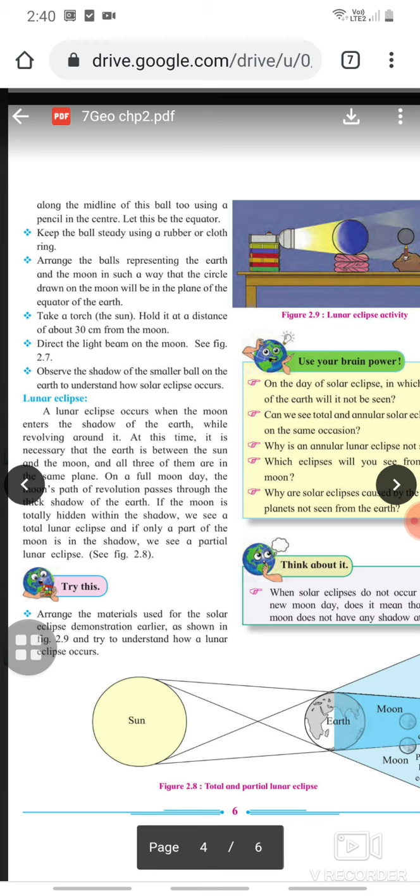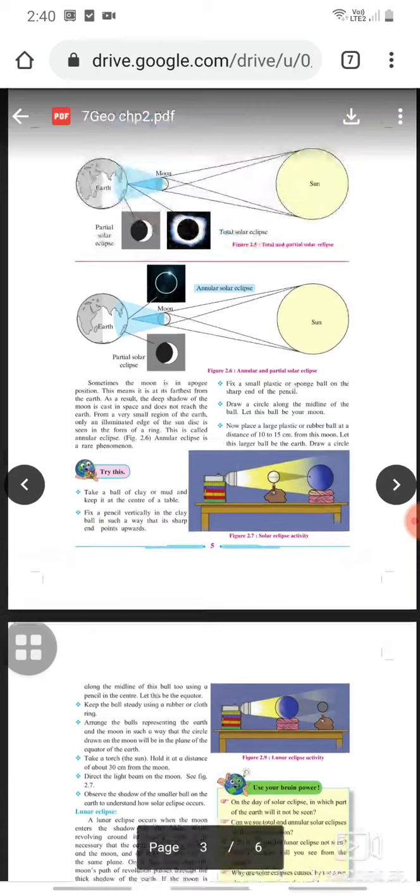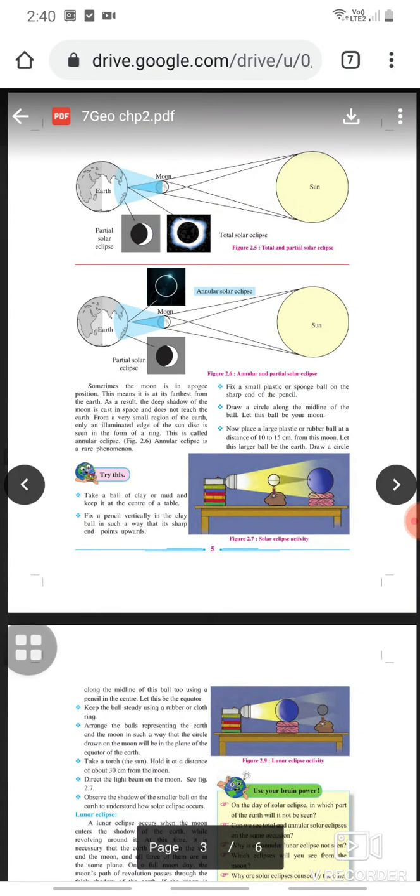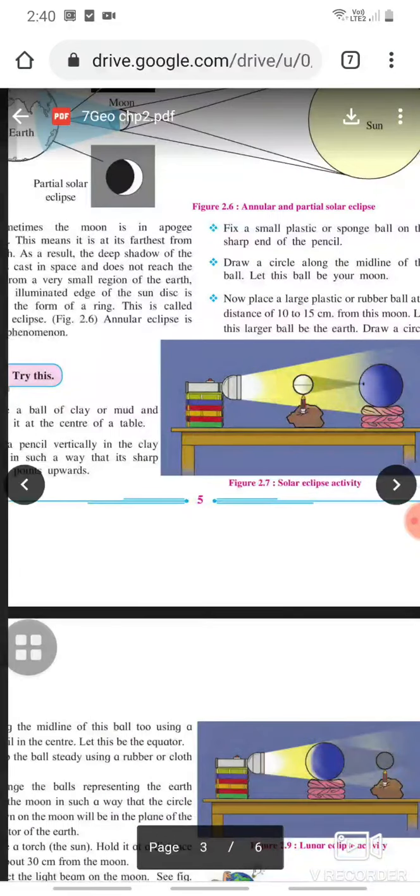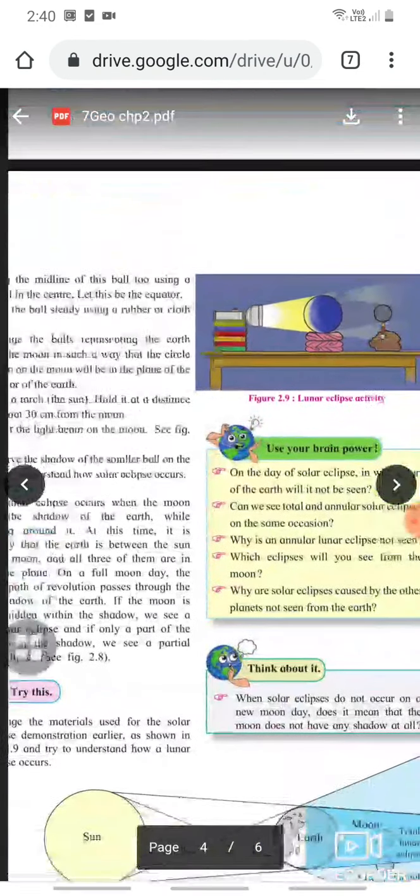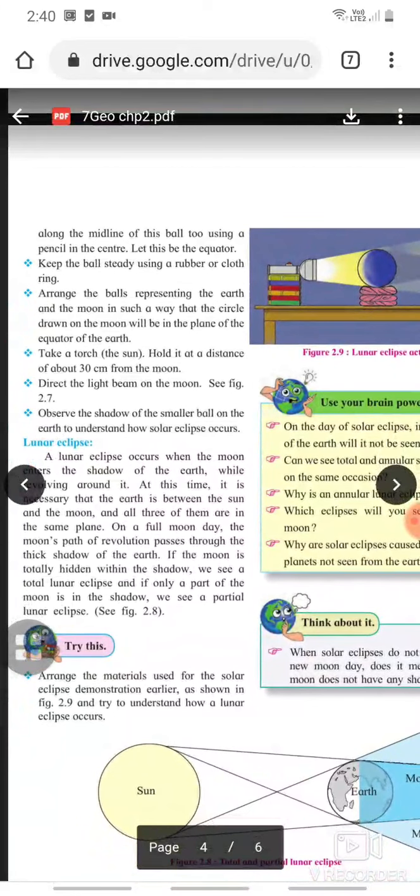Direct the light beam as in figure 2.7. Where is 2.7? Okay, it's up. Here it is, 2.7. Like this. Now observe the shadow of the smaller ball on the earth to understand how a solar eclipse occurs.